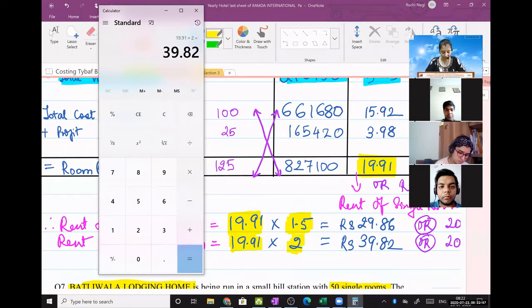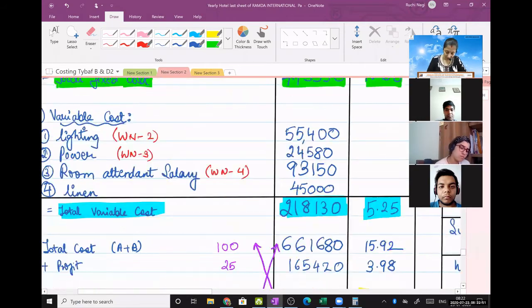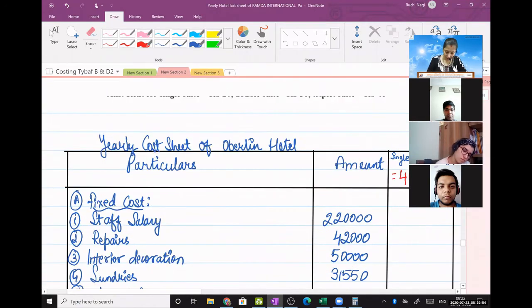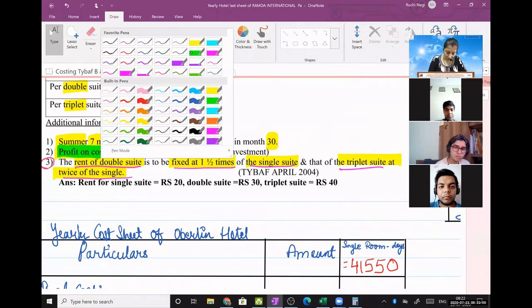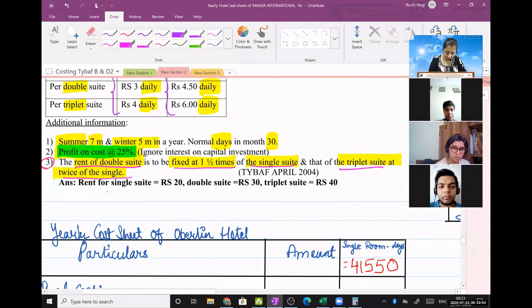Clear? But now check the solution and see what answers they have given. For single room, 20 rupees. For double room, 30 rupees. And for triple room, 40 rupees.